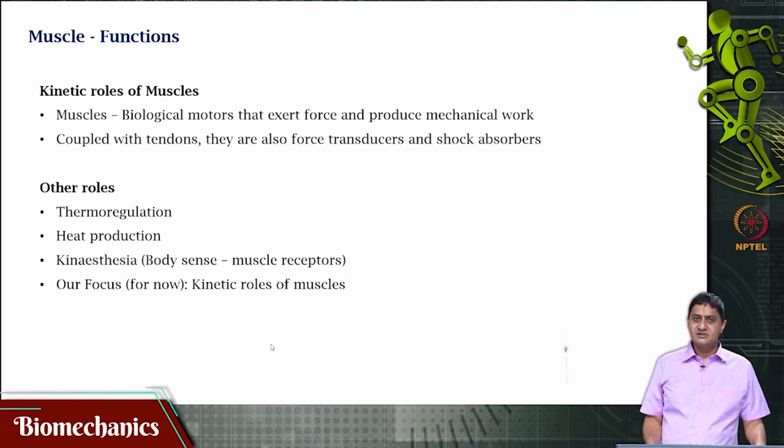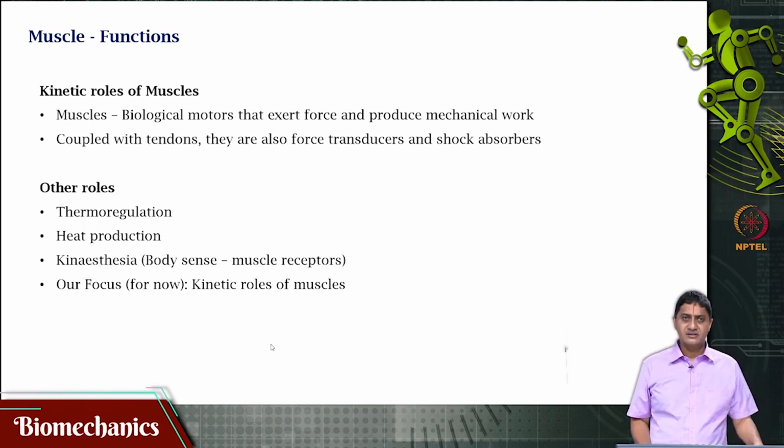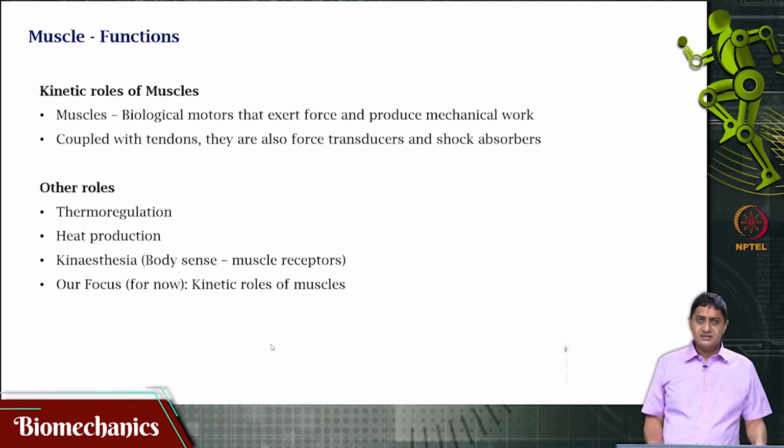This is achieved through the wonderful sensors of length and velocity that we have in the muscle, which are called muscle spindles. So, here that is just mentioned as muscle receptors, and they are also force producers. They produce force and do mechanical work.